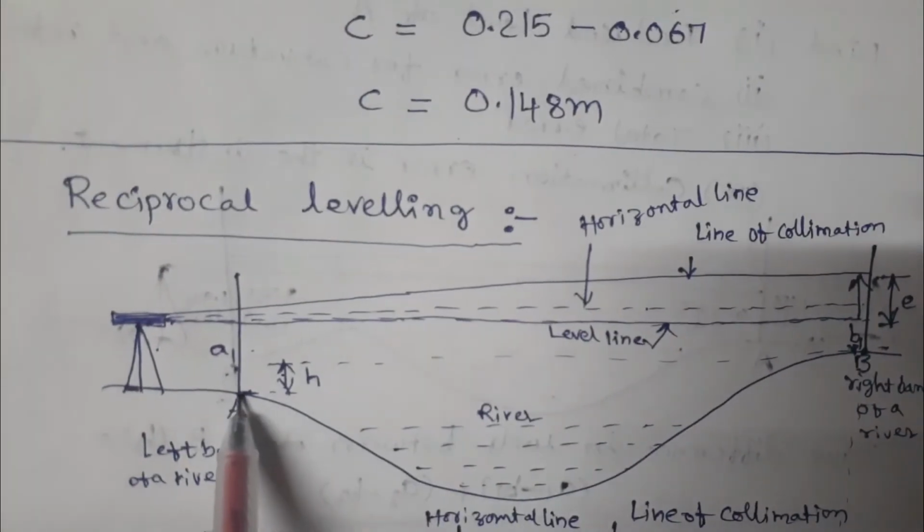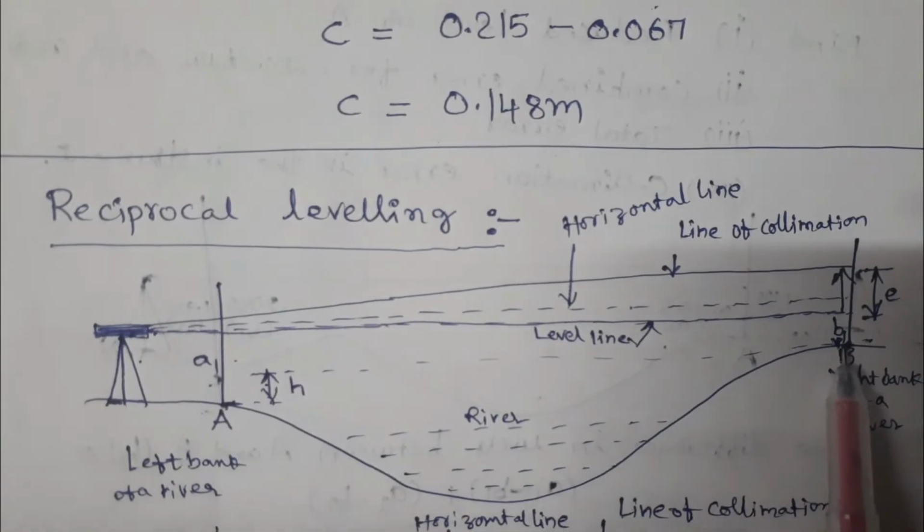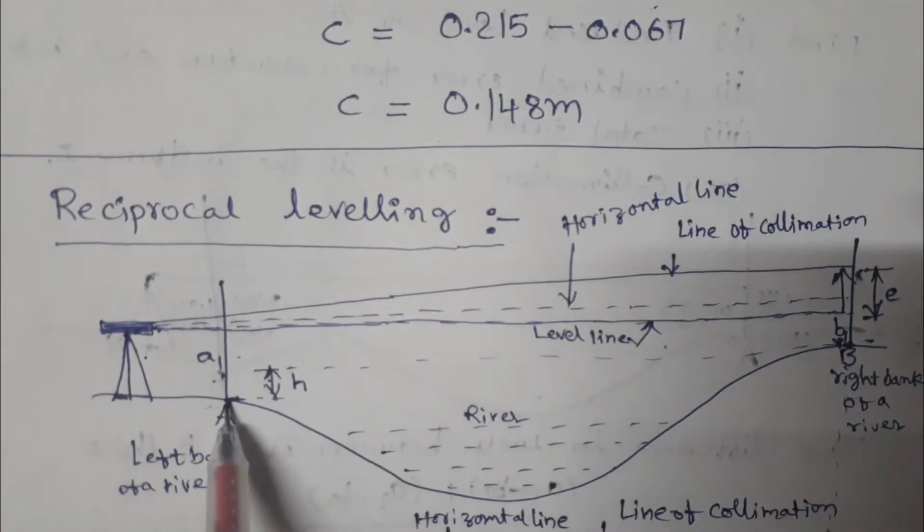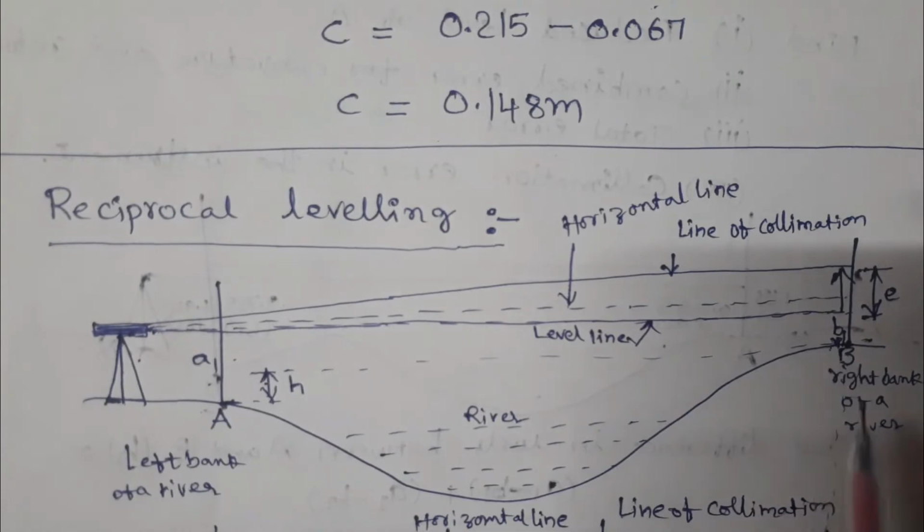Here the ground profile at A is lower than the ground profile at B. So A is in lower elevation, B is in higher elevation.